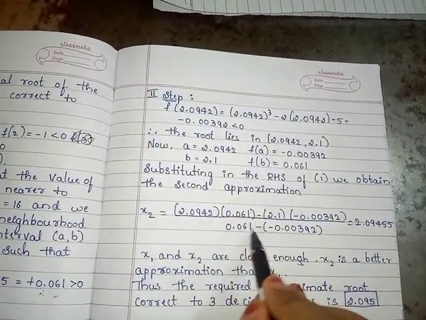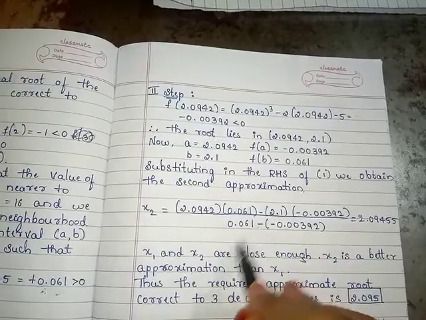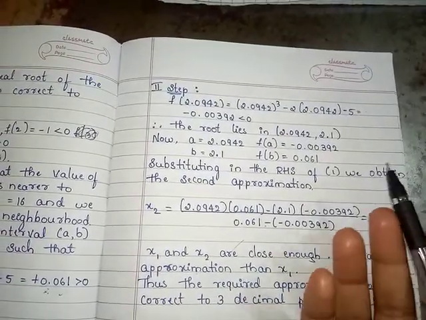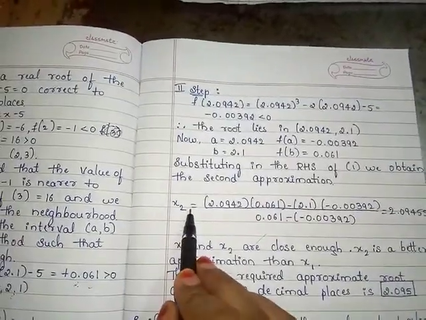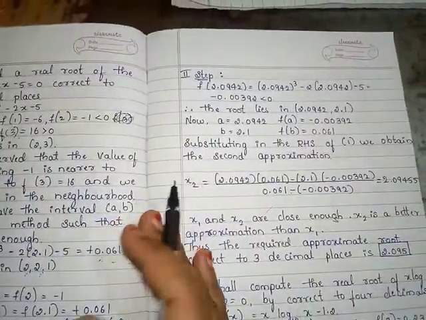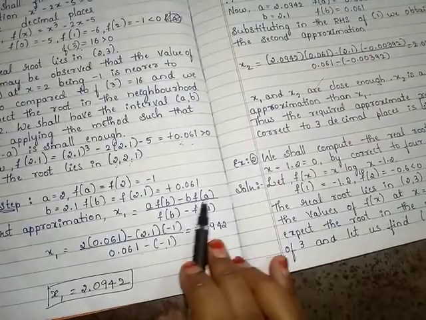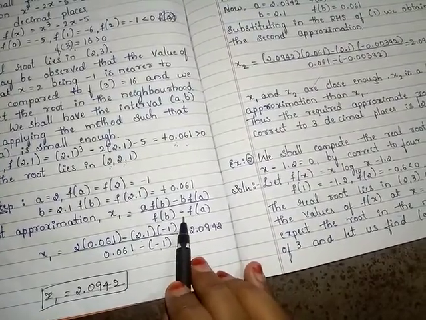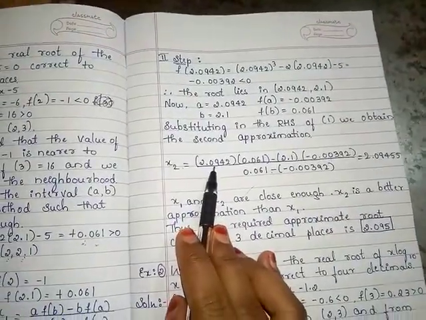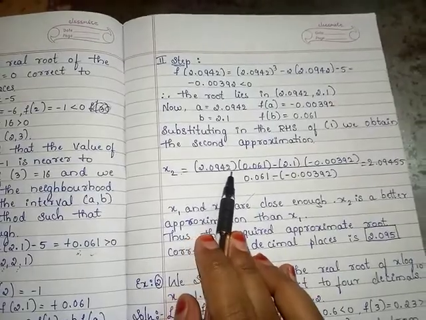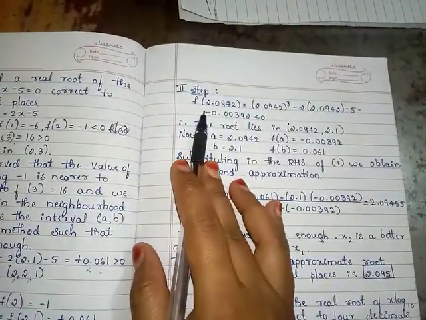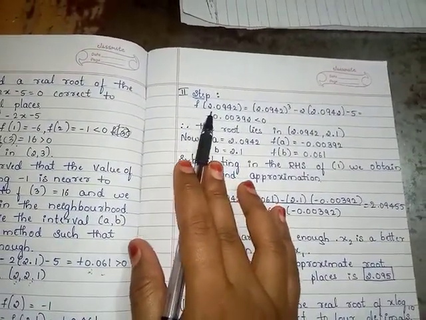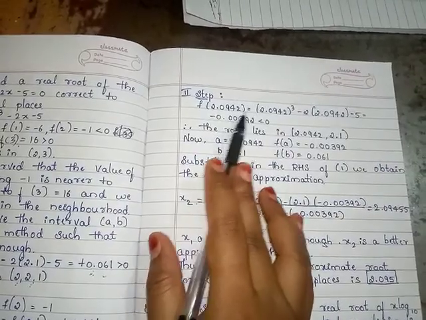Substitute these values in the x2, the second approximation formula, that is x2 is equal to, here the formula is fixed, a into f of b minus b into f of a divided by f of b minus f of a. Here the a value is different; earlier it was 2, now it is 2.0942, because our f of 2.0942 value is negative.